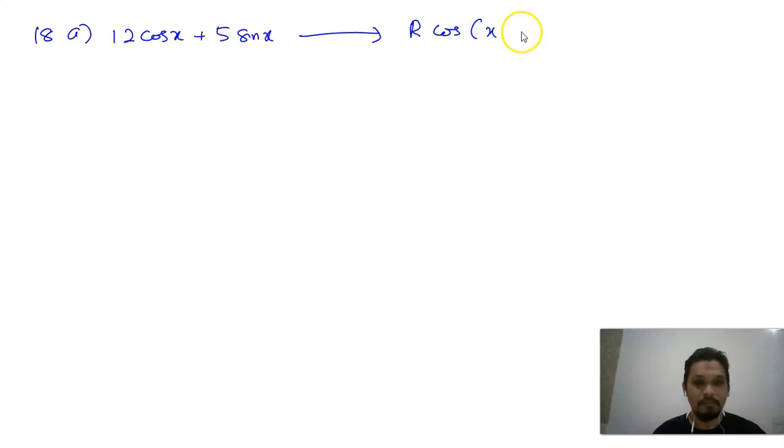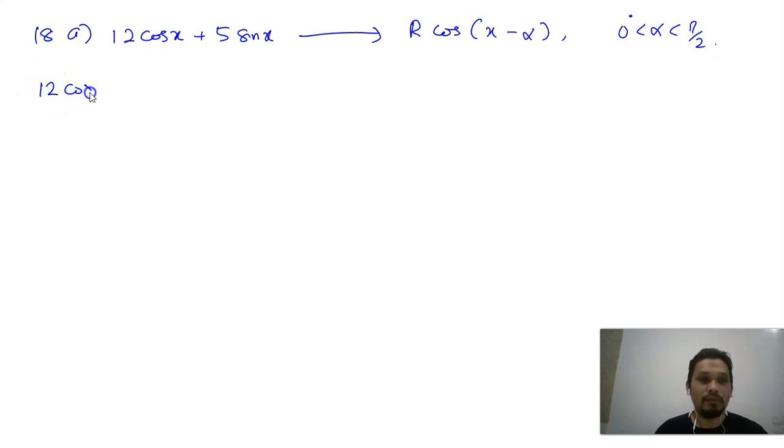And now 18a, 12 cos x plus 5 sin x. 12 cos x plus 5 sin x, right, expressed in the form of r cos x minus alpha, where alpha lies in between 0 up to pi over 2.